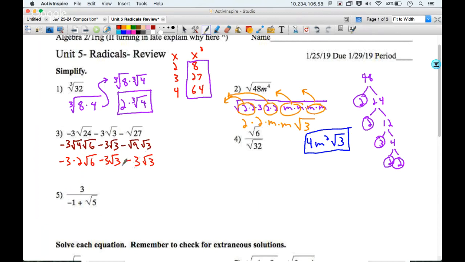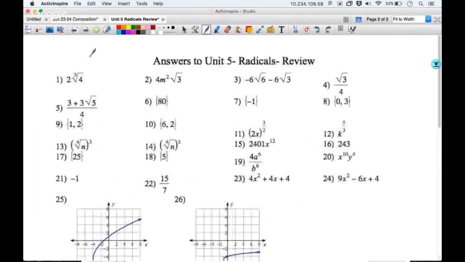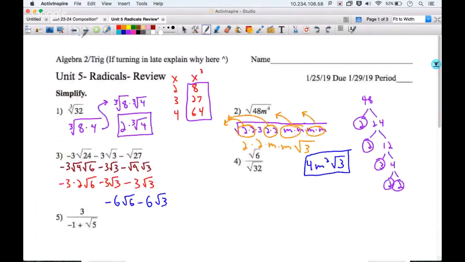This one won't be able to combine with these, but now these are both square root 3s, so we can just combine the number in front, sort of like coefficients. Combine these numbers here, we'll get negative 6 root 6 minus 6 root 3. And I just want to double check that one. Negative 6 root 6 minus 6 root 3. Yeah, don't tell you guys the wrong thing.